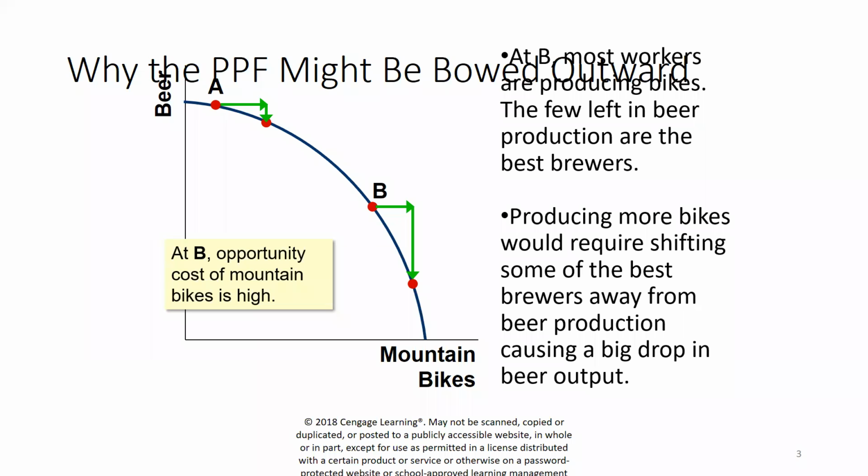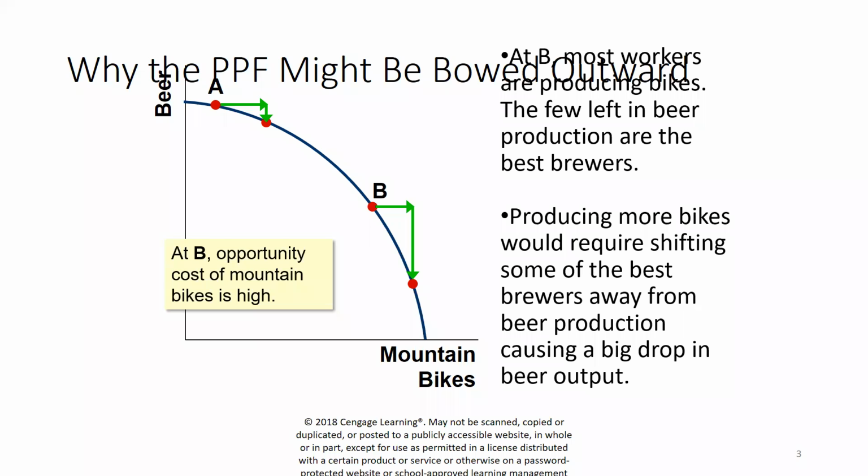That means as you want to make more and more beer, the cost of making that is going to be increasing as far as how many mountain bikes you give up. And obviously it's going to go the other way. Why is that happening? Because beer and mountain bikes use resources that are not easily adaptable.